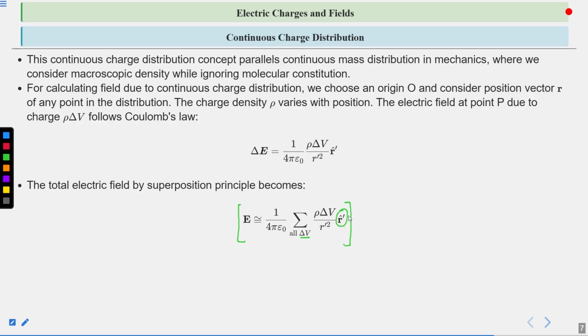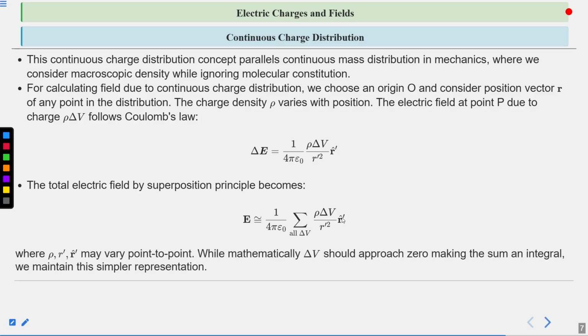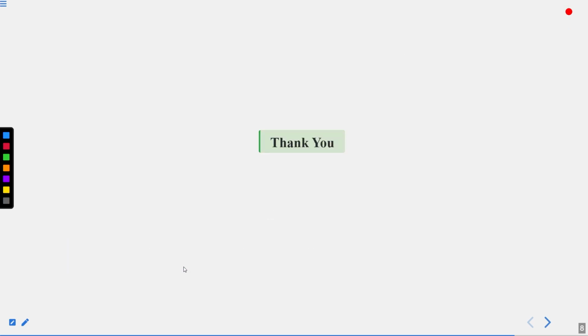Here rho and r prime cap may vary from point to point, while mathematically delta V should approach 0, making the sum an integral. We maintain this simpler representation. Thank you for your attention.